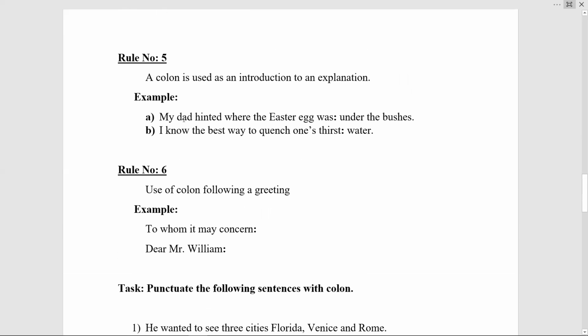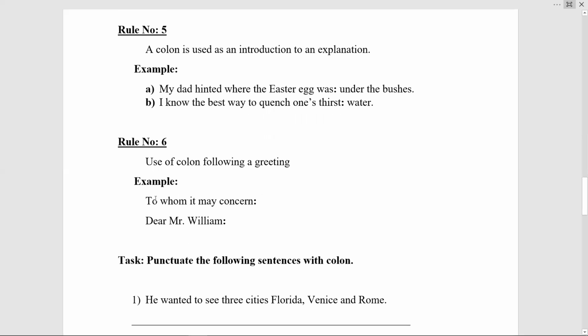For example, my dad hinted where the Easter egg was: under the bushes. Before giving the explanation of where the Easter egg was, the writer has put a colon. The next example: I know the best way to quench one's thirst: water. Before giving the explanation of the way to quench thirst, the writer has put a colon before writing water.